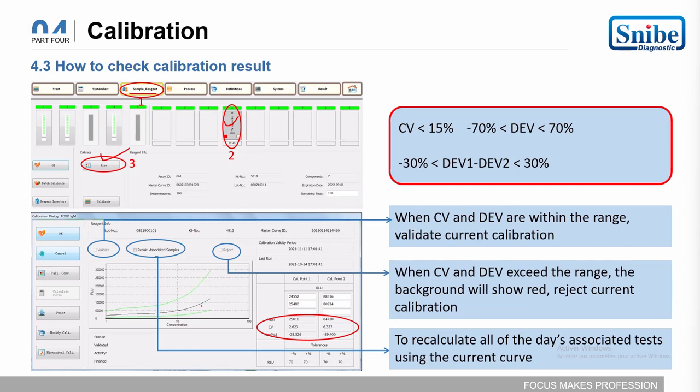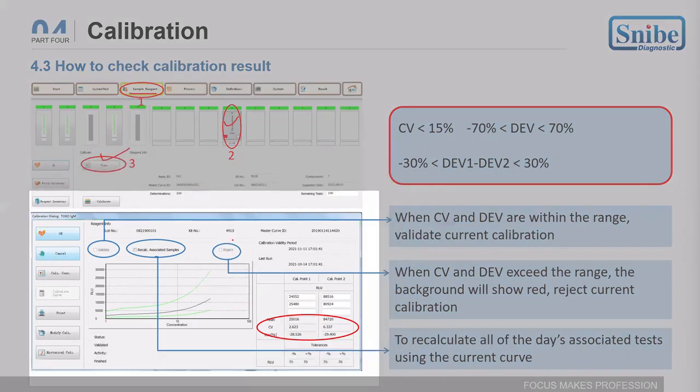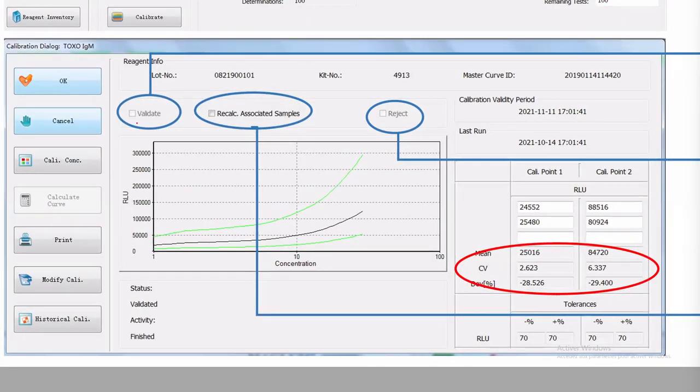You can see the calibration curve in the black color between the two green curves. This is the result for the calibrator low, which is calibrator 1, and this one, the second, is the high.